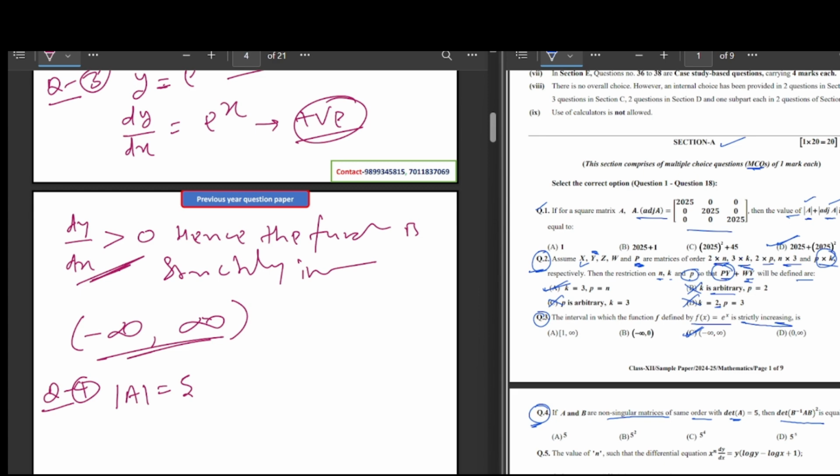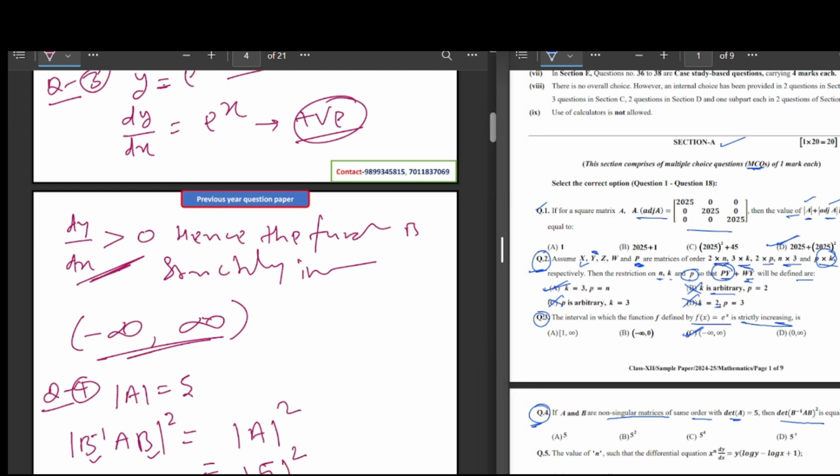For this one, this one and this one will be eliminated. So we can write like that, so this will be 5 square.